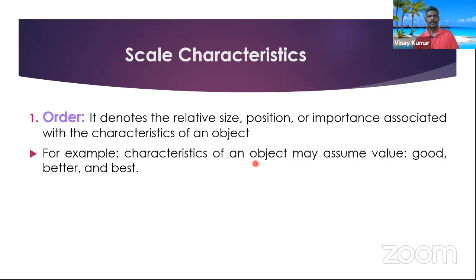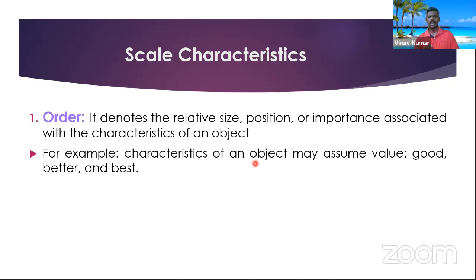For example, a characteristic of an object may be a value like good, better, and best. Whether the scale that the researcher has taken tries to explain this value of the subject he has taken for measurement, like good, better, or best.